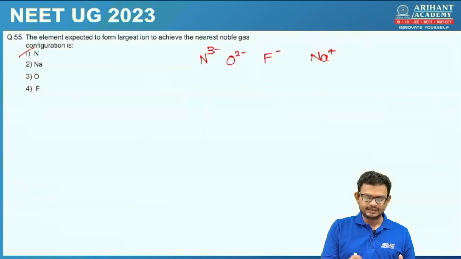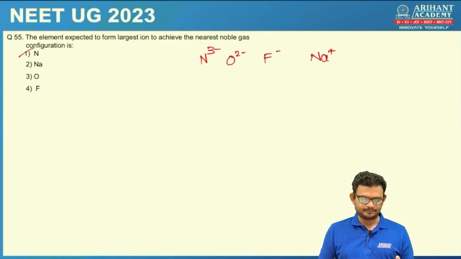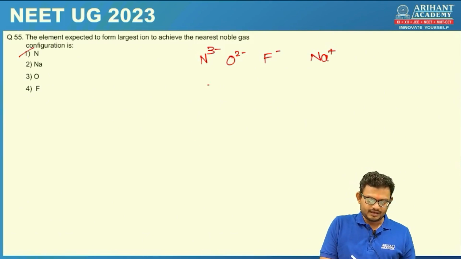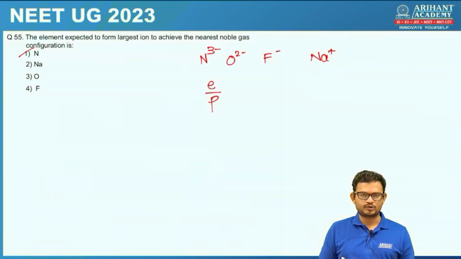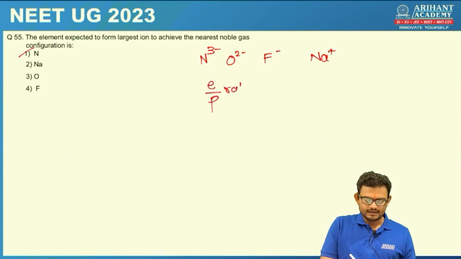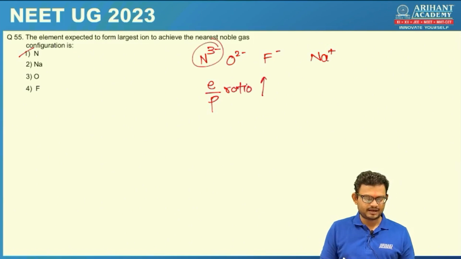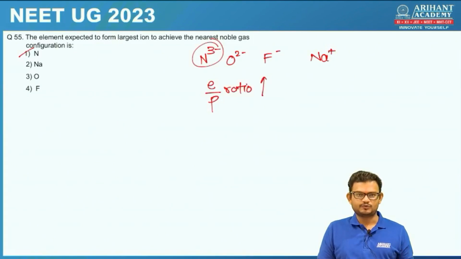I can clearly see these are all isoelectronic species, and for such isoelectronic species the atomic size is given by the electron to proton ratio. Now this electron to proton ratio is the highest for nitrogen, that is the N3- ion, and definitely that's the correct option. Let's move to the next one.